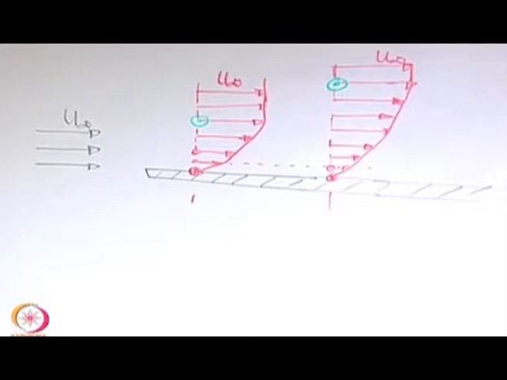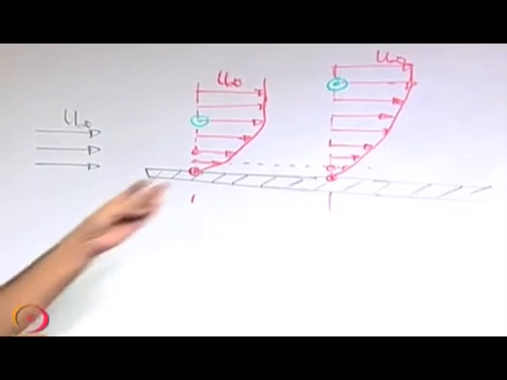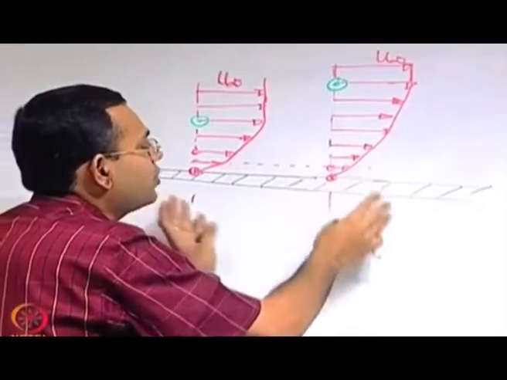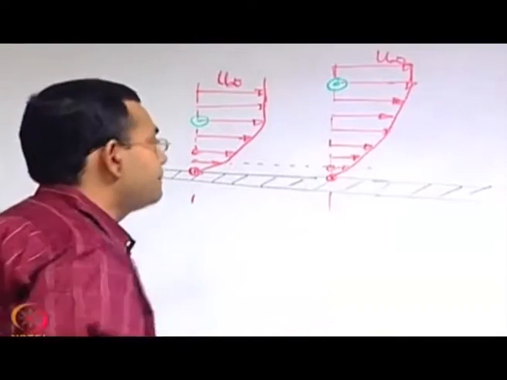So, if you want to figure out what happens subsequently, of course physically this type of behavior continues along the plate. So, as if this effect of the wall gets more and more propagated.